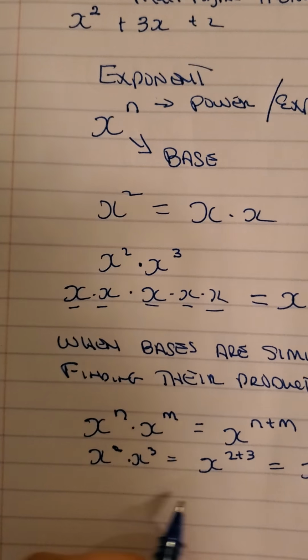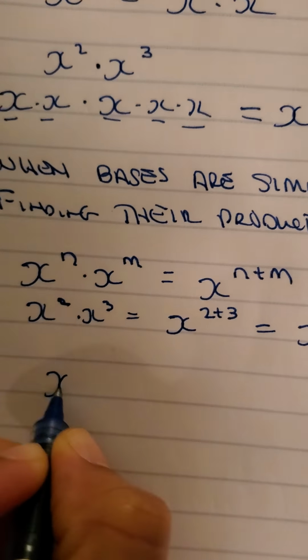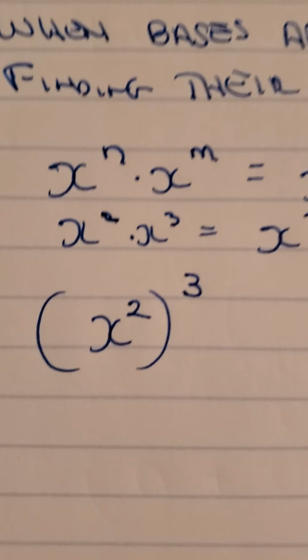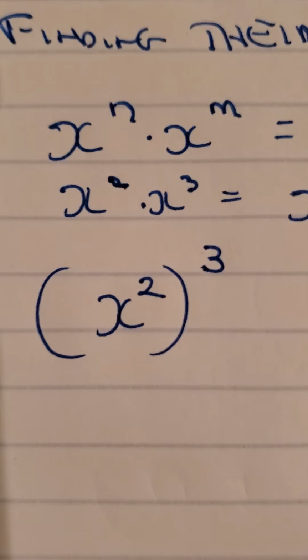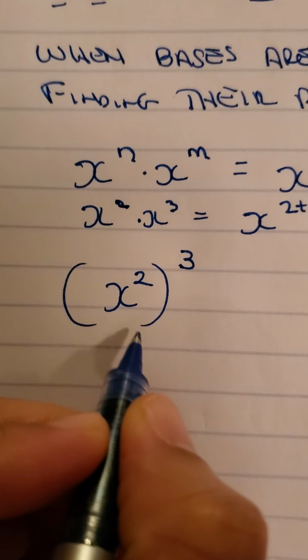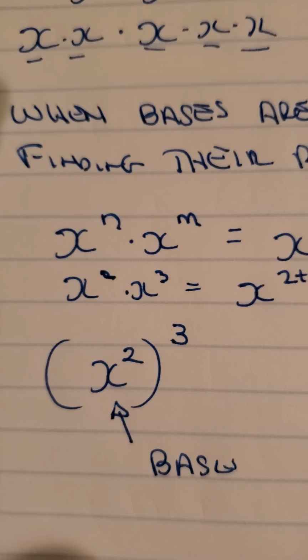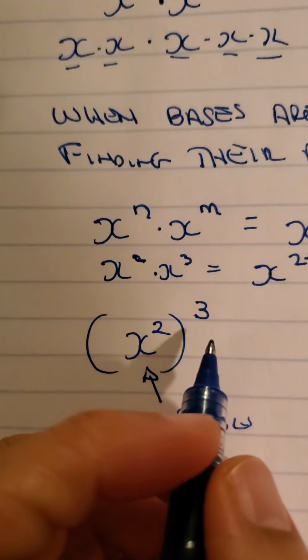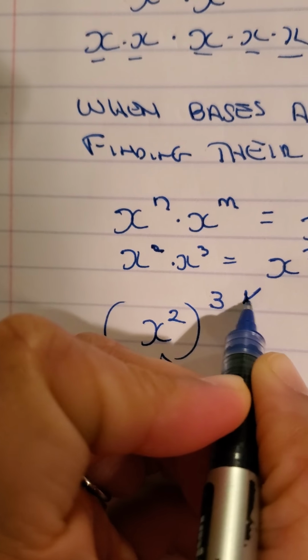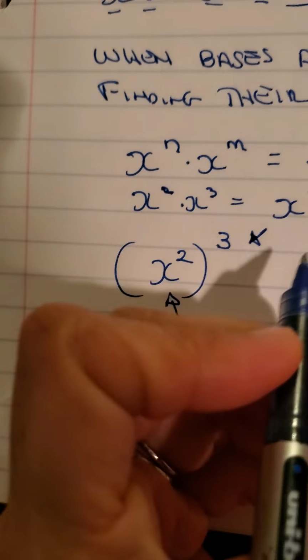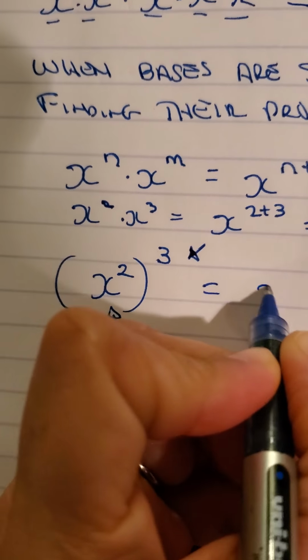And another rule: let's say we have x squared, and that is also raised to another power of 3. So what's my base here? That's correct. My base is x squared, and my power, my exponent, is 3. So it's saying that I have 3 factors of x squared.